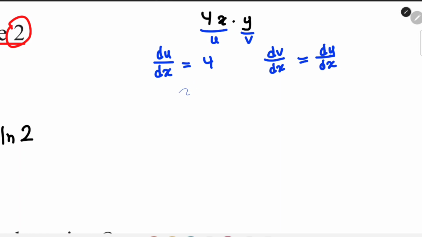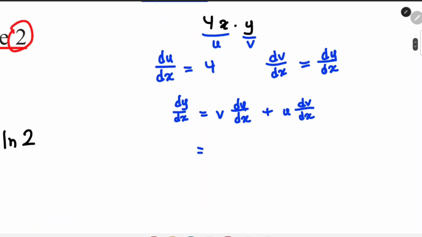Now the product rule says that the derivative would be equal to v du/dx plus u dv/dx.